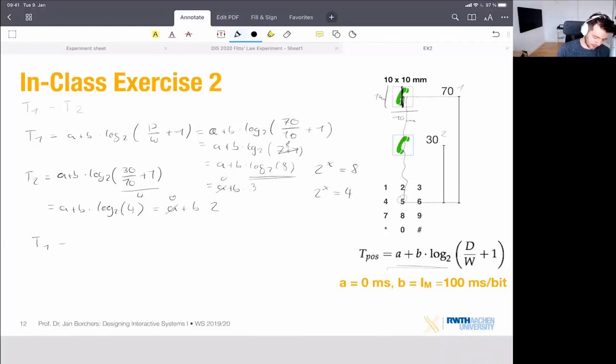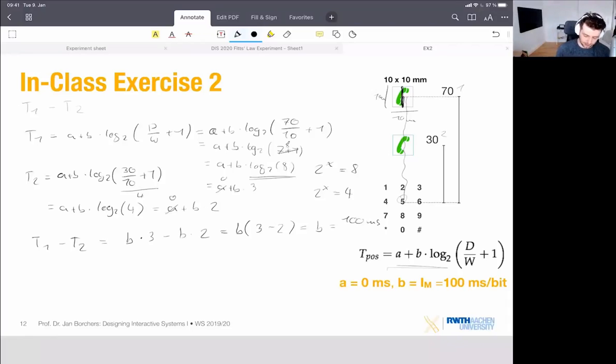So T1 minus T2 is equal to B times 3 minus B times 2, and that is B times 3 minus 2, which is 1. So it's basically just B. So the difference is 100 milliseconds.